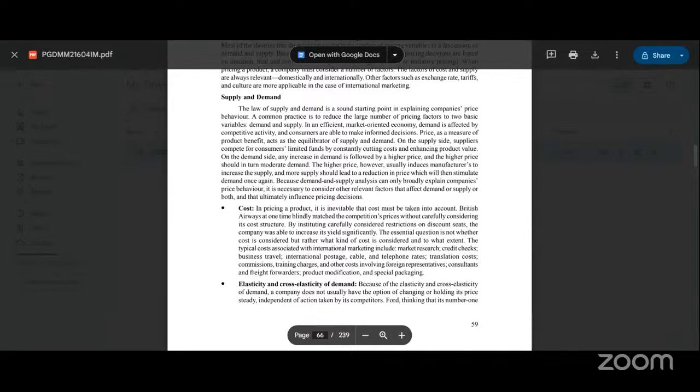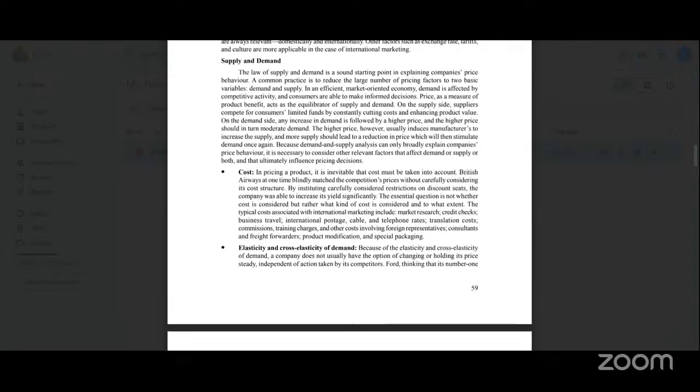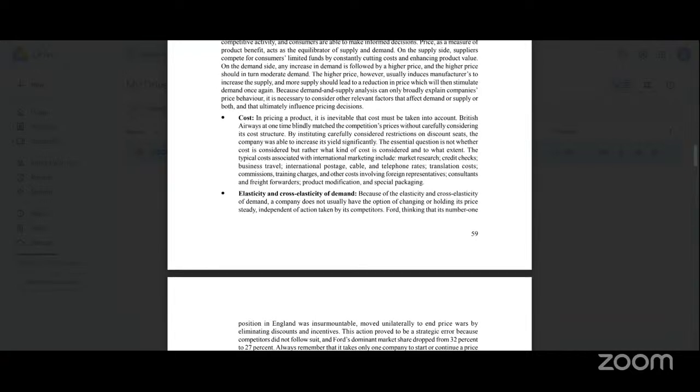Another important thing that we need to consider is supply and demand. Based on supply and demand, my product cost may go up or down. So costing may be affected, say, by things like business travel.